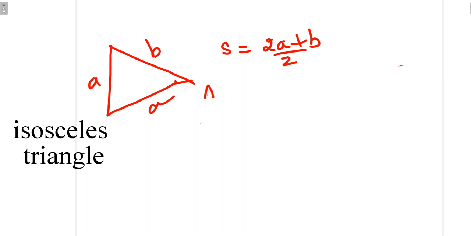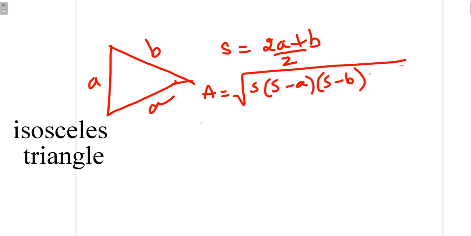When I apply Heron's formula, we have S into S minus A into S minus B into S minus C. We know this.